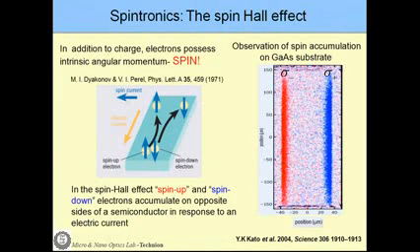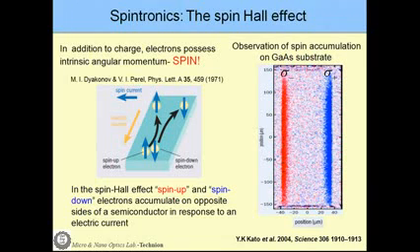In addition to charge, electrons possess intrinsic angular momentum, which is the spin, and in 1971, Dyakonov and Perel published a very important paper about the spin Hall effect: applying an electric field upon a semiconductor results in a spin current in the transverse direction, which is a spin-dependent momentum shift or spin-dependent deflection of the spin-polarized electrons.